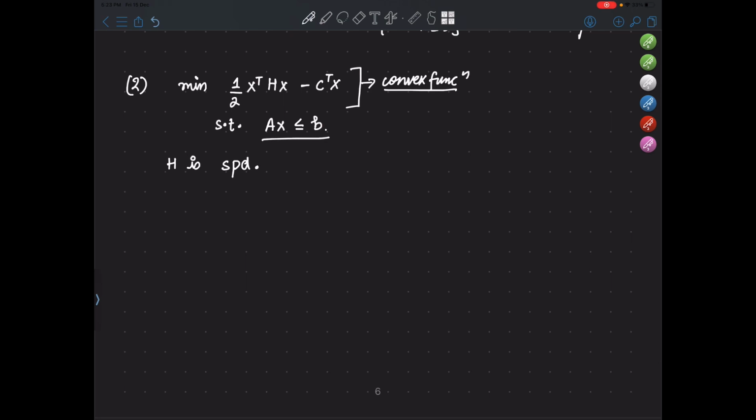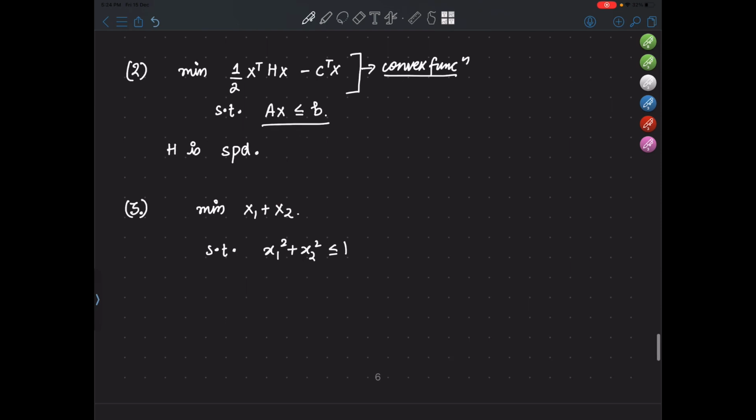Another example can be: minimize x1 plus x2 subject to the constraint that x1 squared plus x2 squared is less than or equal to 1.